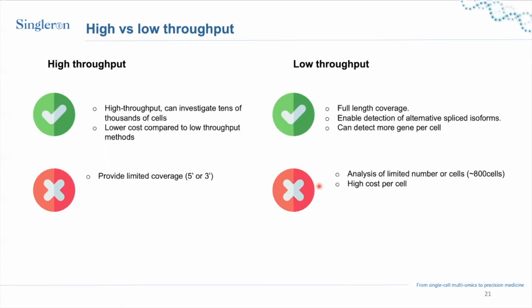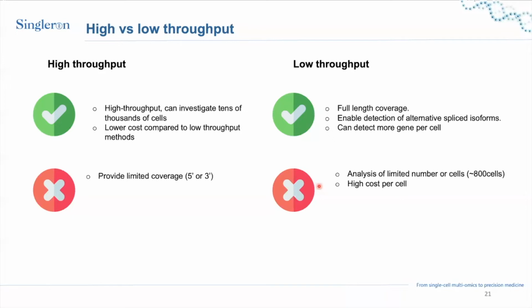But for low throughput systems, we are limited by the number of wells in the plates, like a 96 well plate or 384 well plate. So we have a really limited number of cells. And those cells can be sequenced more deeply. So you can get more information from those cells.